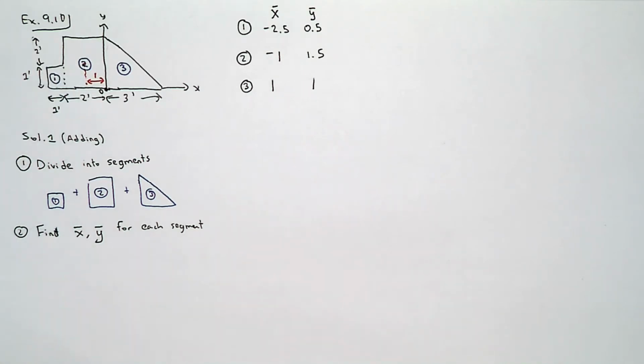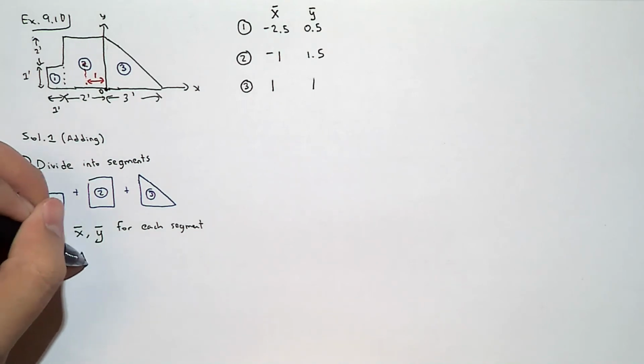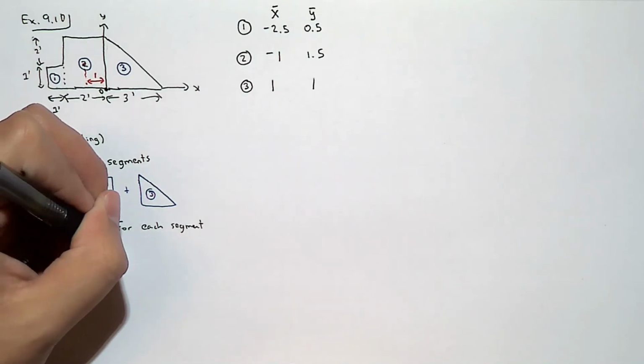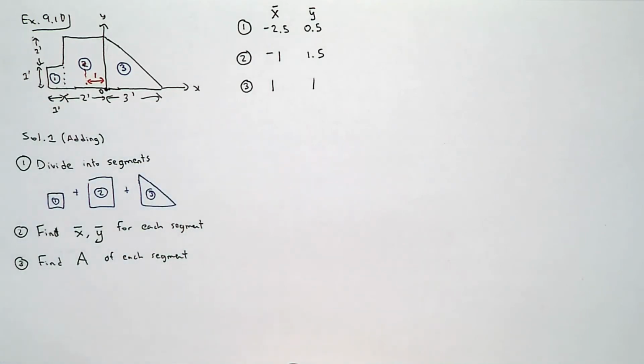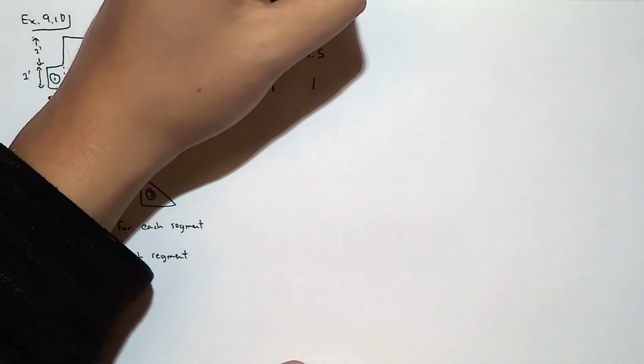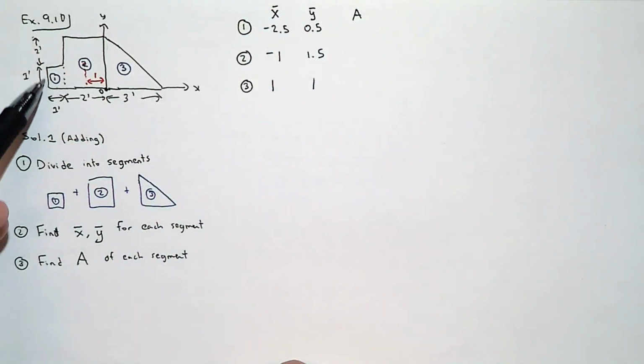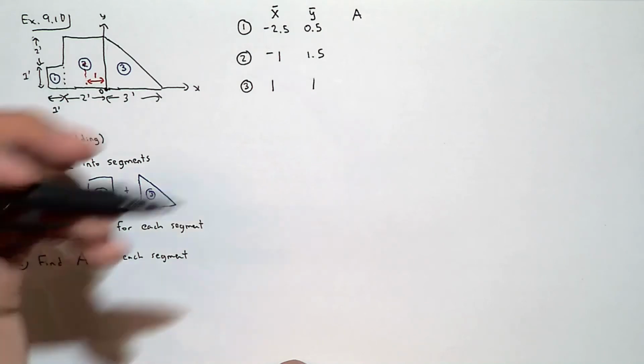Okay. So after we found our x and y centroids for each segment, we want to find the area of each segment. For segment number 1, what's the area of this rectangle? 1.